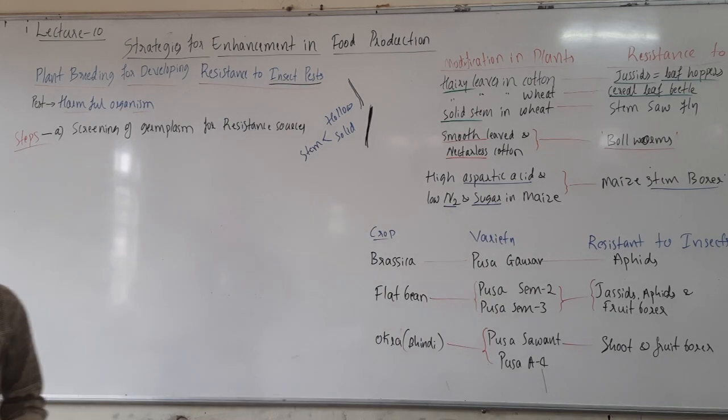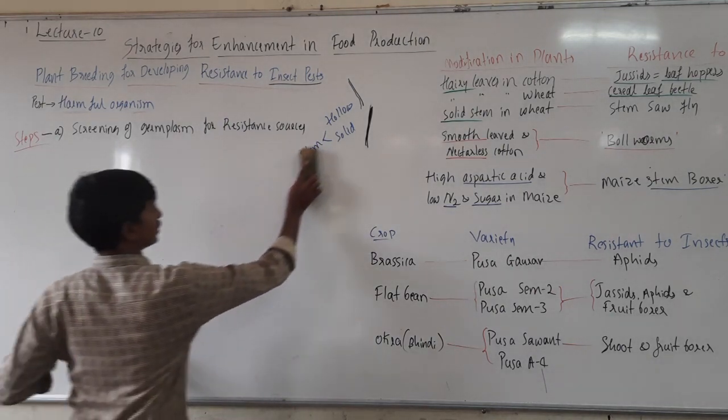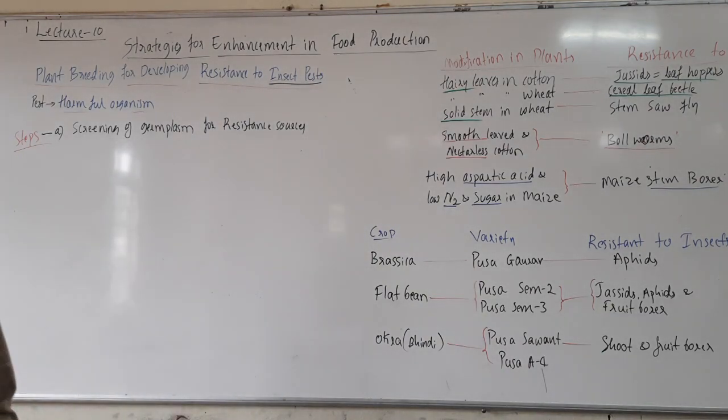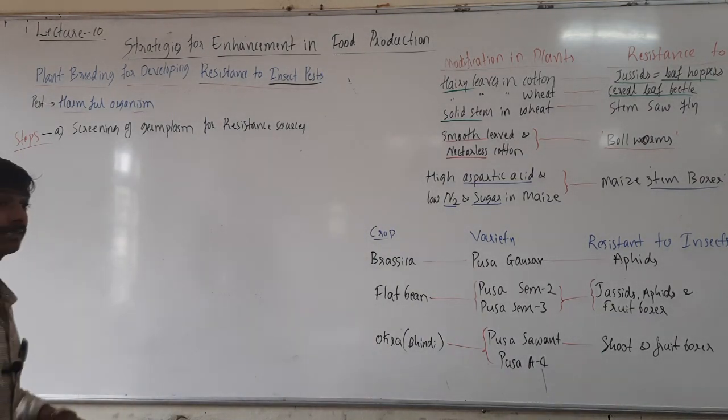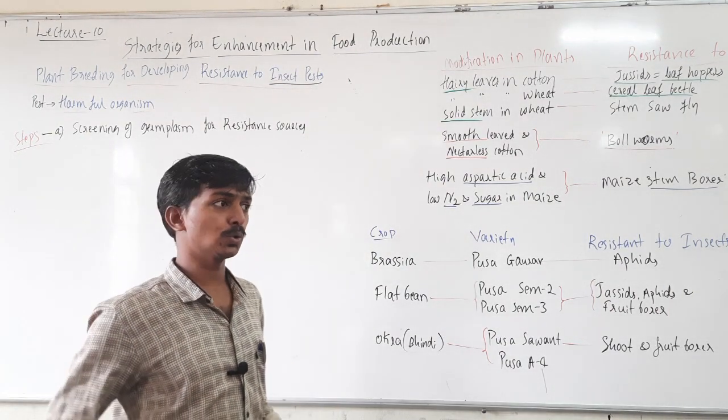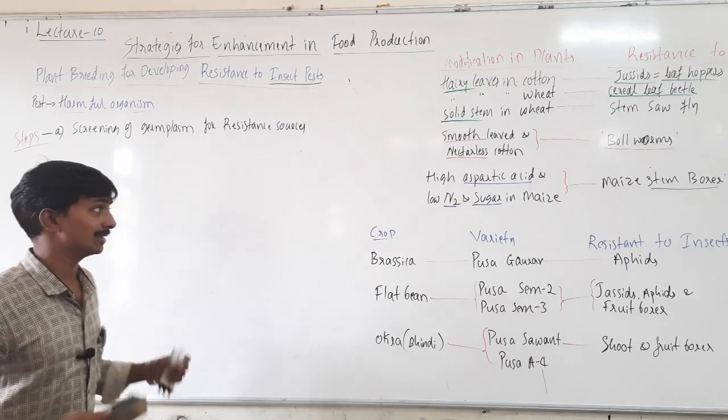Screening of germplasm for resistant sources means we should identify which plant has the resistant genes. Among that, you can choose which one is resistant and which one is not.